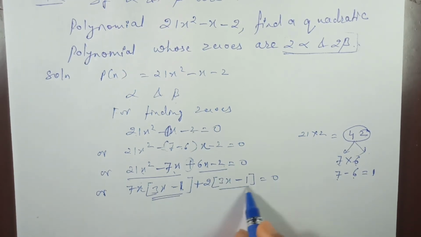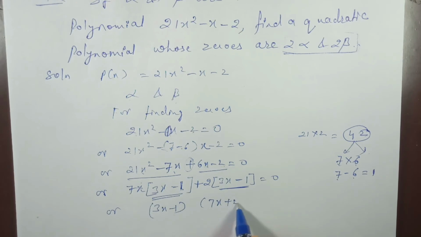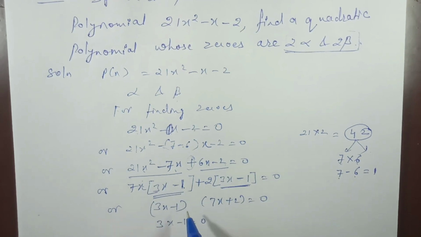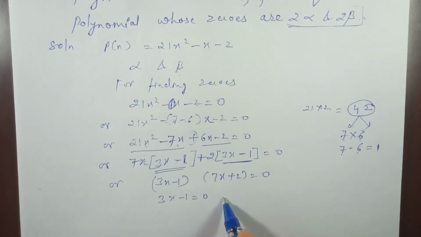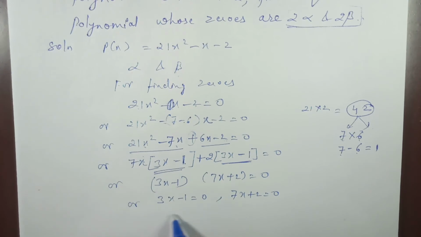The term within the bracket should be the same. So this will give, we can take 3x minus 1 and 7x plus 2 equal to 0, or 3x minus 1 is equal to 0 and 7x plus 2 equal to 0. Transposing the term, minus 1 will move to the other side as plus 1, and 3 in division.